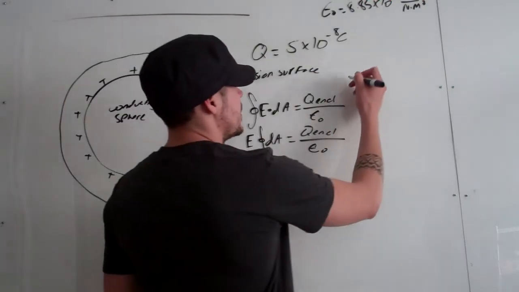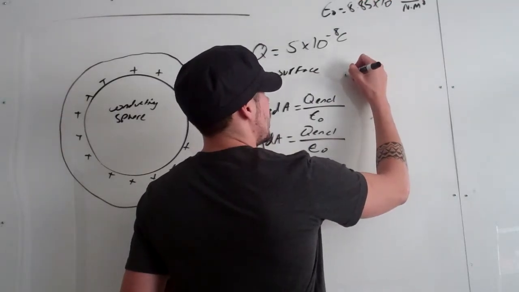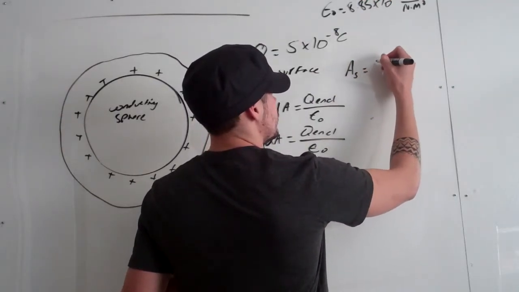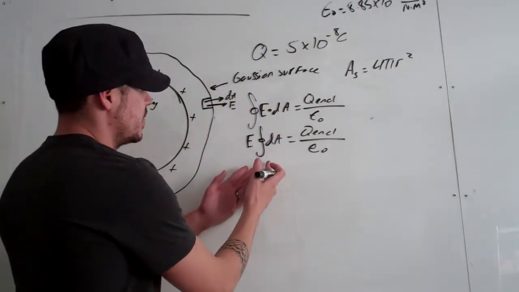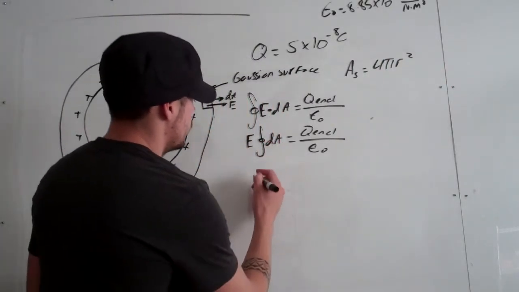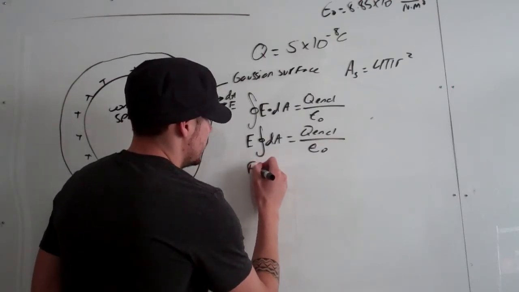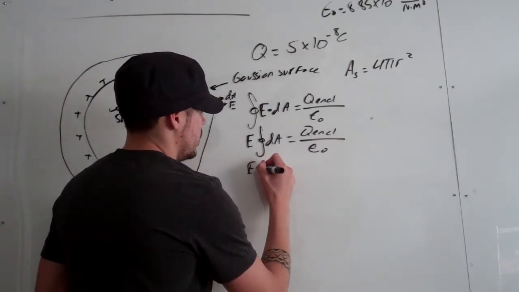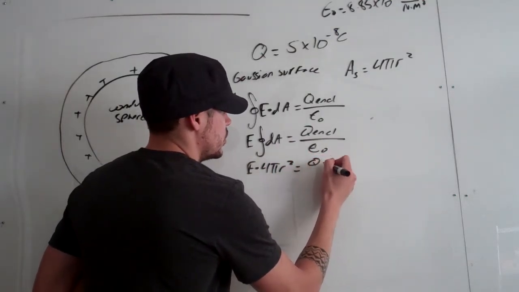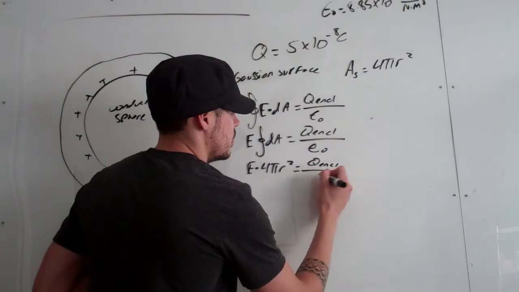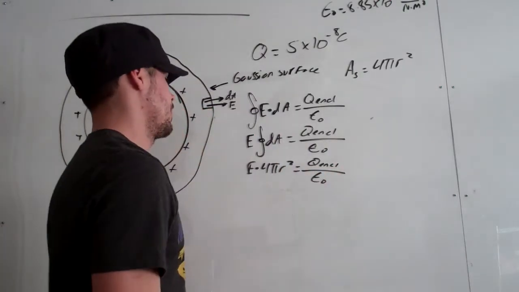What is the area of a sphere? Well, the area of a sphere is equal to 4 pi r squared. Okay, so if we take this closed integral of dA, then really what we're left with is E times 4 pi r squared is equal to Q enclosed over epsilon naught.